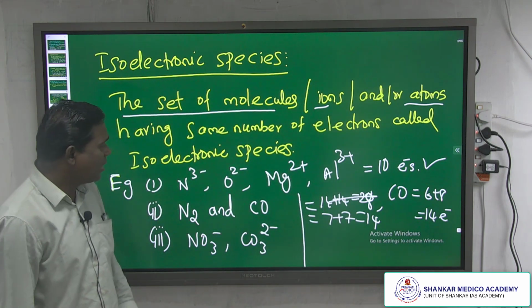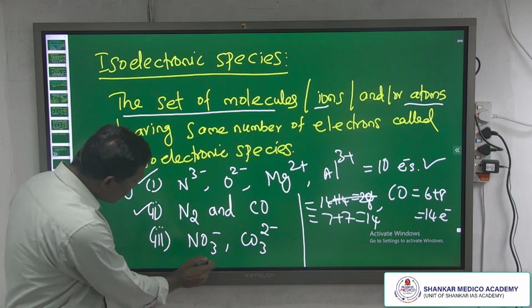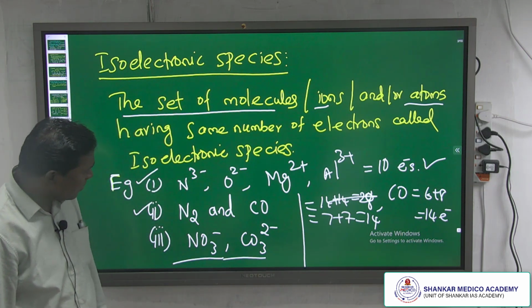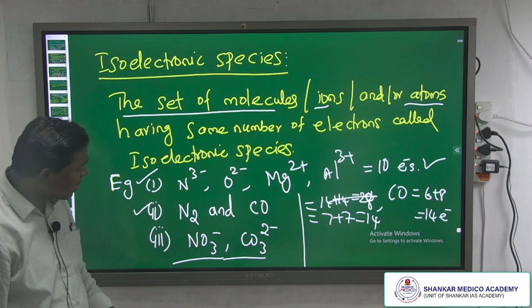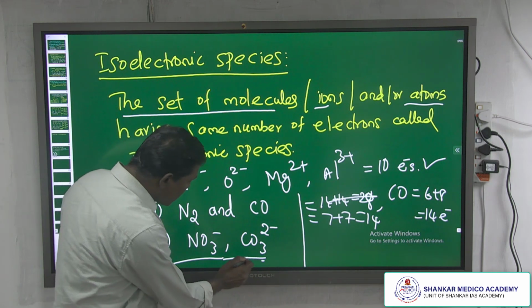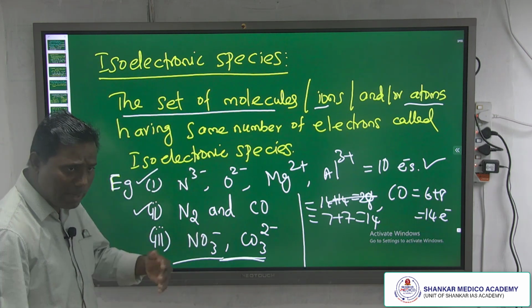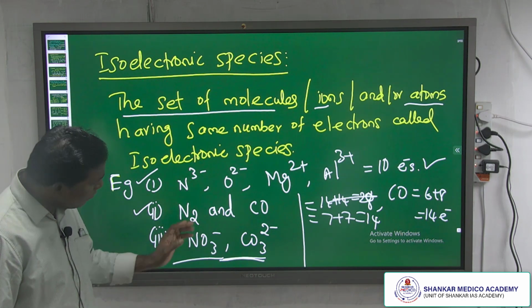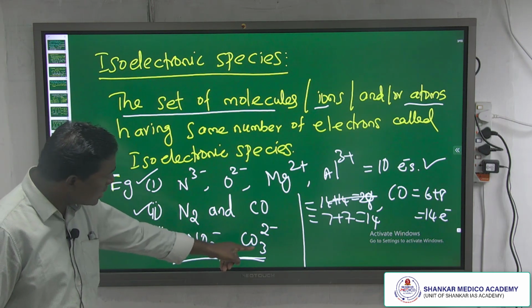So this is one set, and this is another set, and here we have nitrate and carbonate. In this case, how do you count the number of electrons? In this kind of species, sometimes you can eliminate the common atoms in both molecules, so that it has NO3 minus and CO3 2 minus.